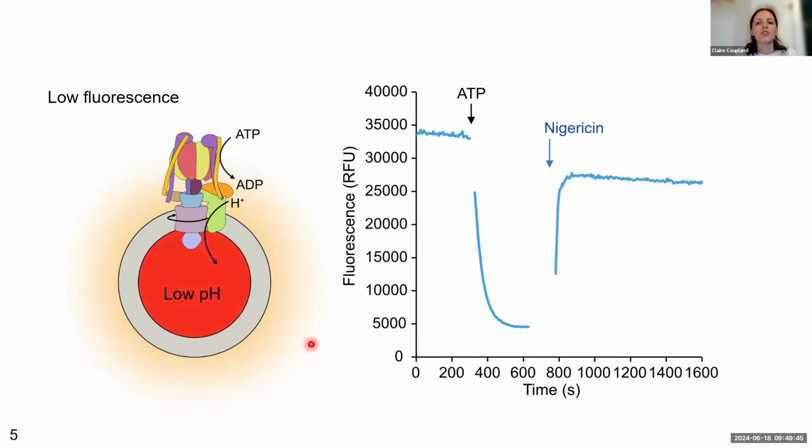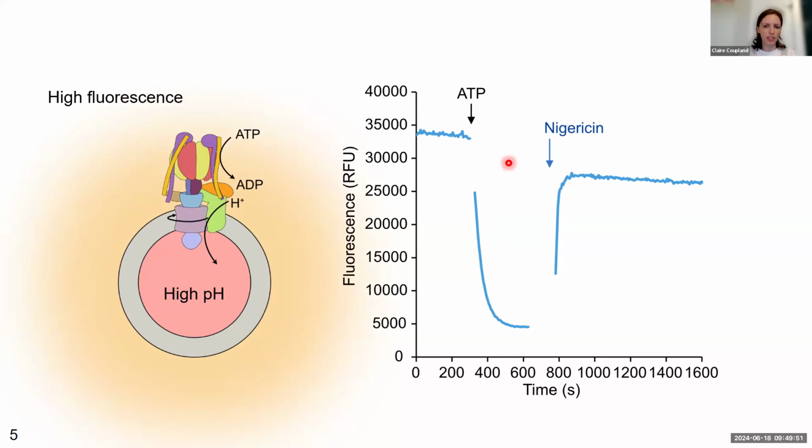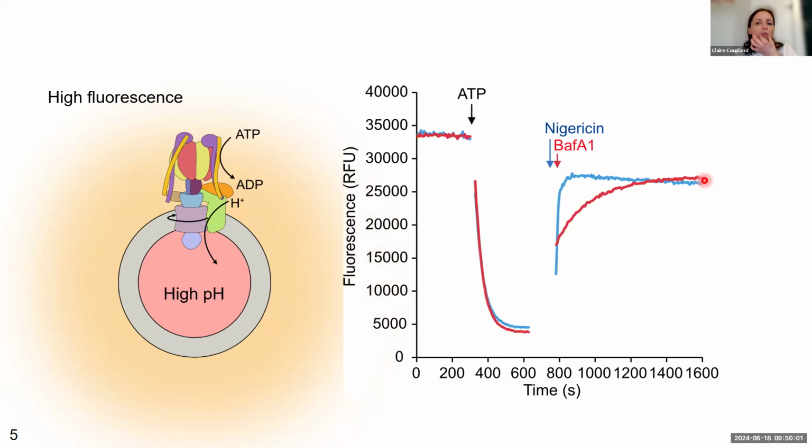When we added nigericin, which is a proton antiporter, and it essentially removes the proton gradient, we saw then a return to baseline. To confirm that this acidification and this activity was due to the V-ATPase, we replaced the nigericin with bafilomycin, and bafilomycin inhibits the V-ATPase, and you can see here we saw a slow leak, confirming that it was the V-ATPase causing acidification.